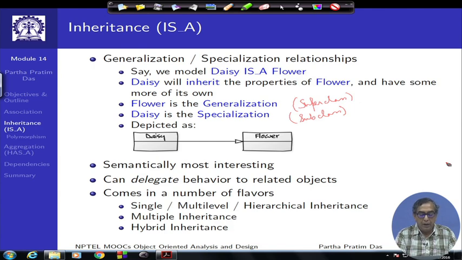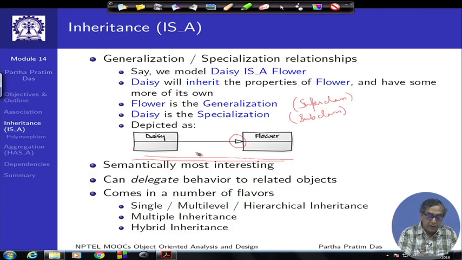For example, superclass is often referred to in C++ as base class, subclass is often referred to in C++ as derived class, and so on. And this is the diagram that typically depicts this. This is a UML diagram, and you can see this hollow arrowhead, which depicts that daisy is a flower.